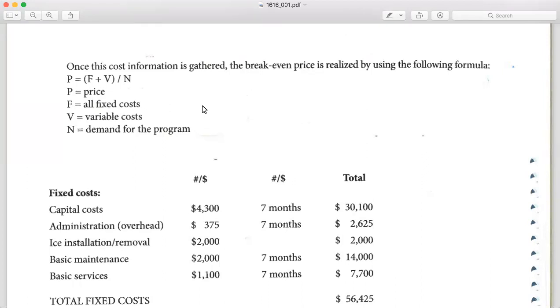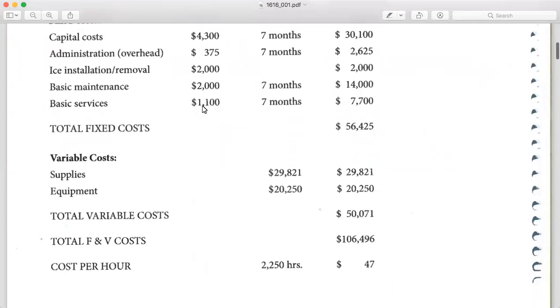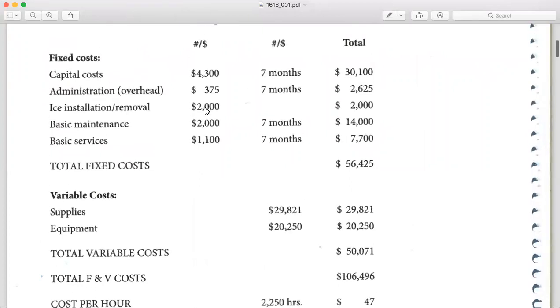So if you look below, I'm going to bring this up now. So this is an example of an ice rink budget where the manager is trying to determine the cost per hour to operate.